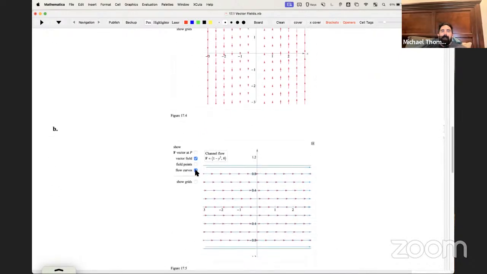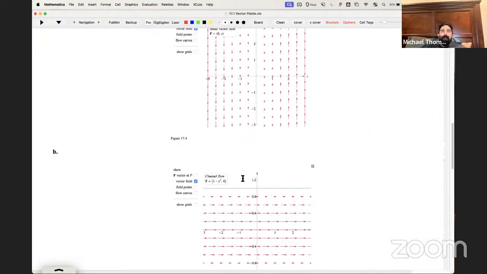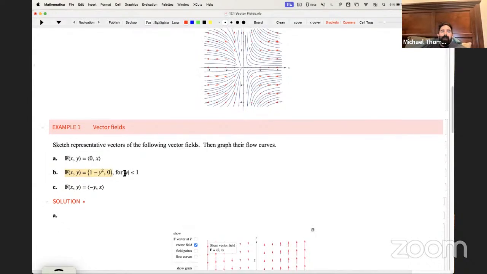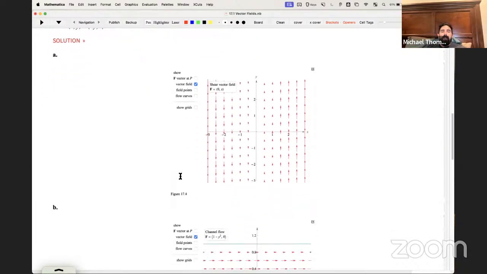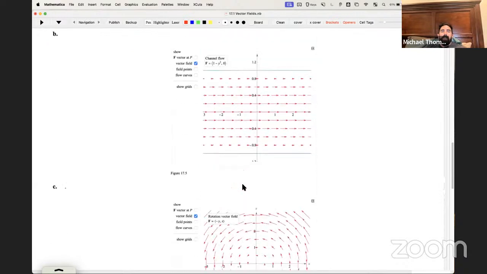Whereas this guy, if we take g over f, that's 0 over 1 minus y squared, which is essentially 0, as long as the absolute value of y is less than 1. All of these vectors will have slope 0.